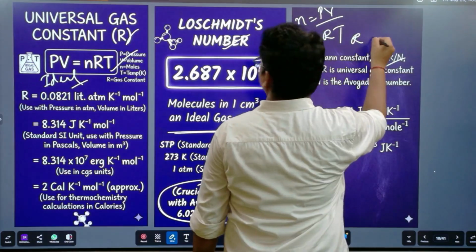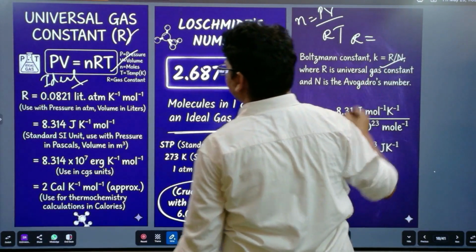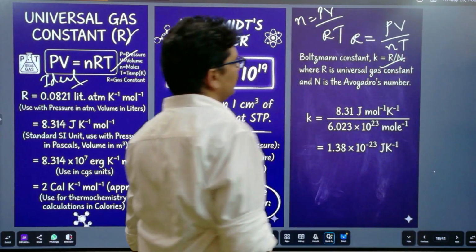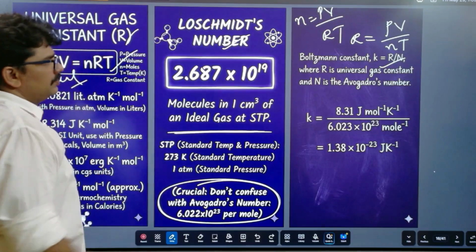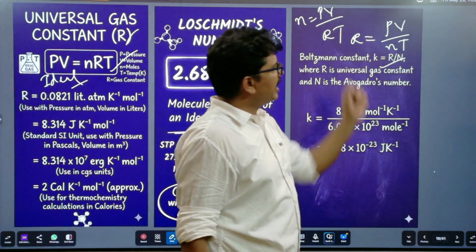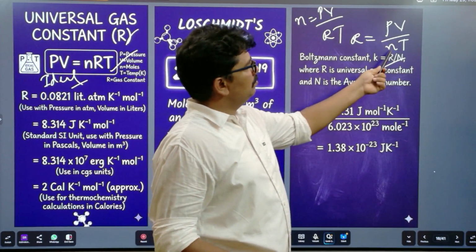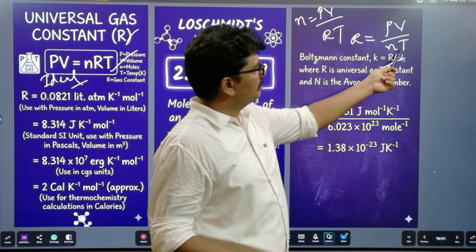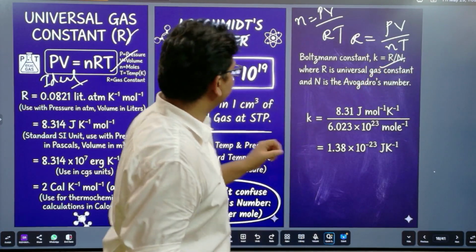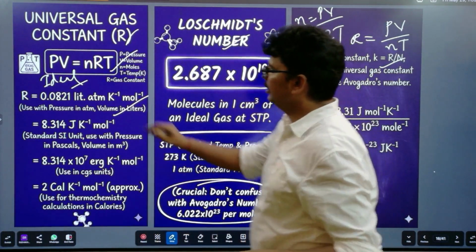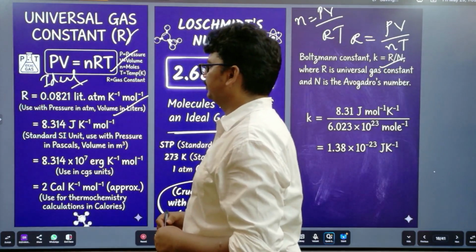Gas constant R is equal to PV by nT. When I substitute pressure in atmospheres, volume in liters, substance in moles, and temperature in Kelvin scale, the gas constant value is 0.0821 liter atmospheres per Kelvin mole.